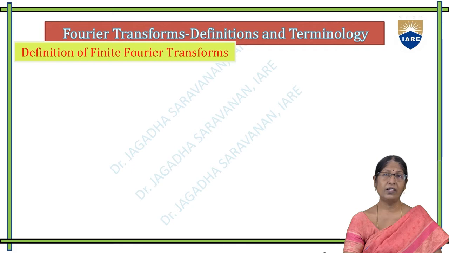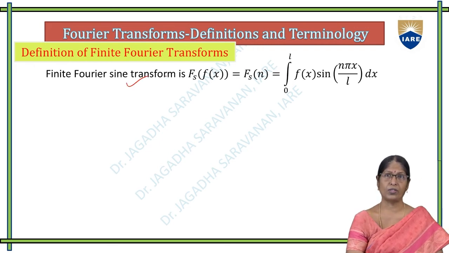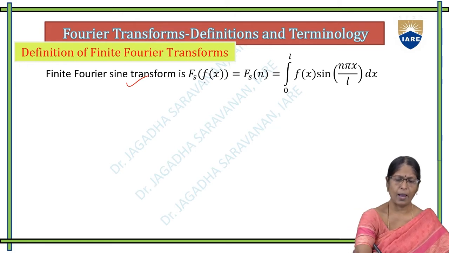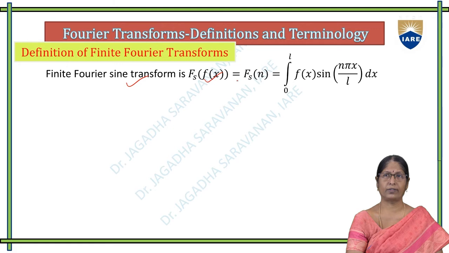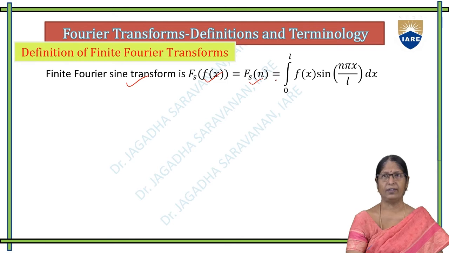The integral range itself tells us that 0 to infinity is nothing but infinite. So far, the formulas we have discussed are infinite. Now, the definition of finite. The finite Fourier sine transform, which is capital F S of f of x, is nothing but capital S of n, which is equal to integral 0 to L, the length of that particular interval, which is finite.